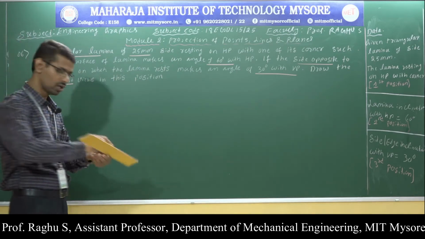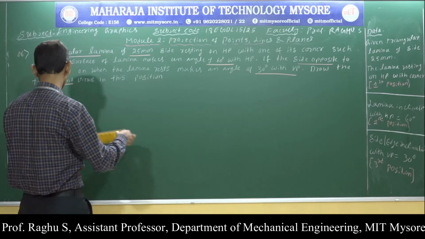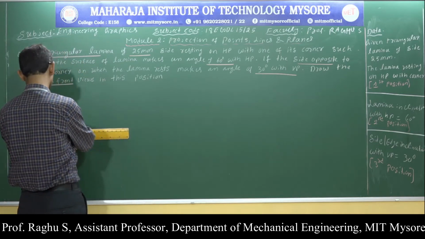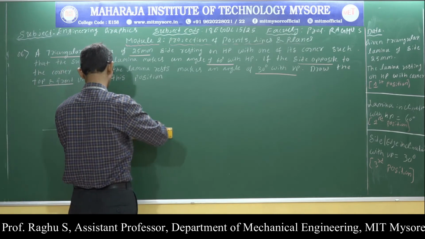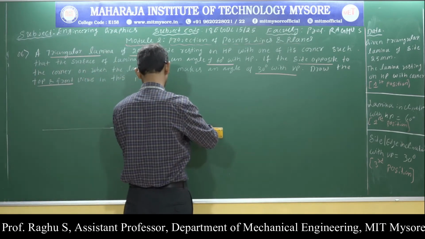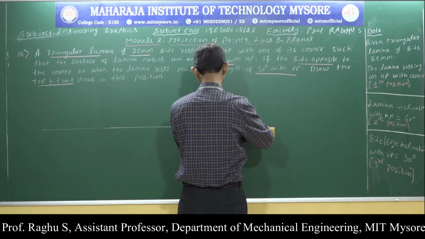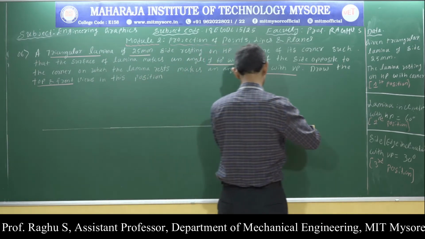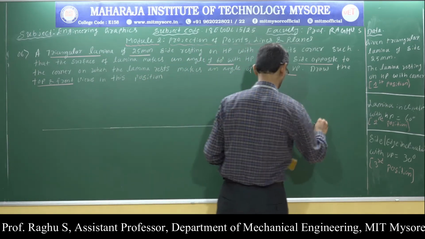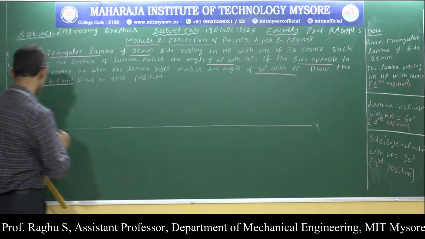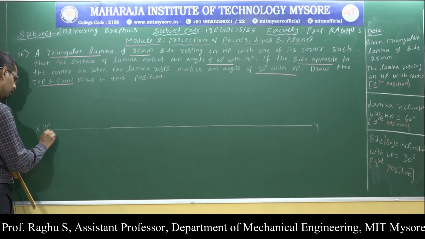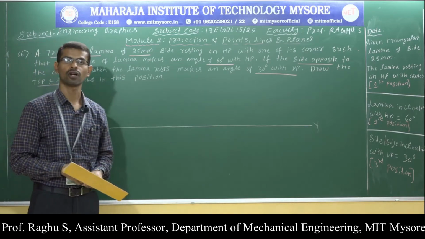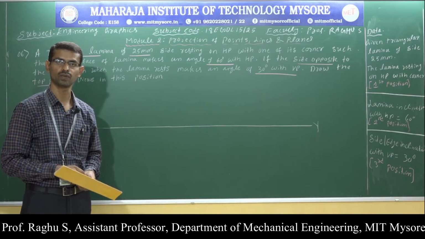So first draw the XY line and indicate VP and HP, since it is first angle projection.